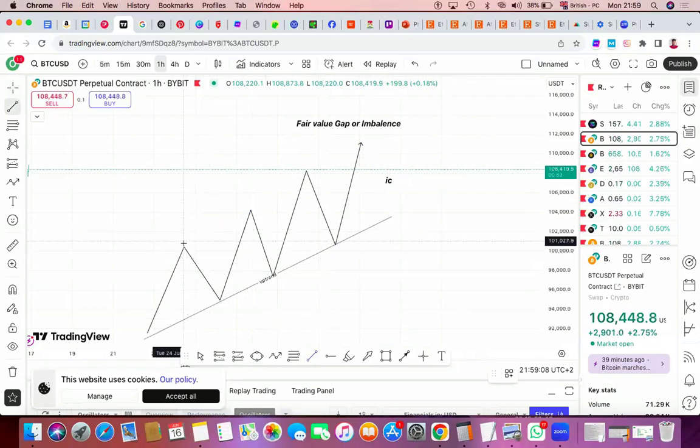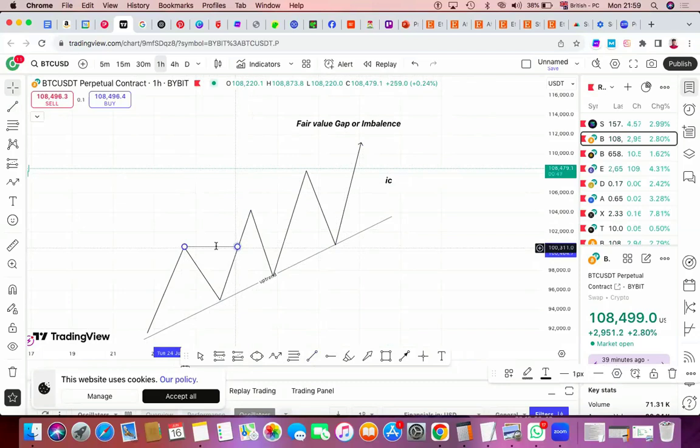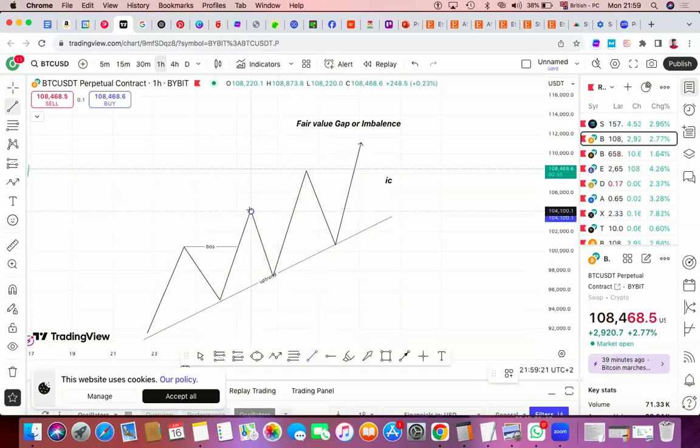We have our break of structure, right? The market is breaking this high. So we have BOS, and again the market is breaking structure to the upside, and then we have another BOS up here.